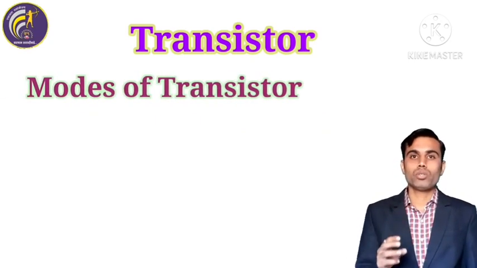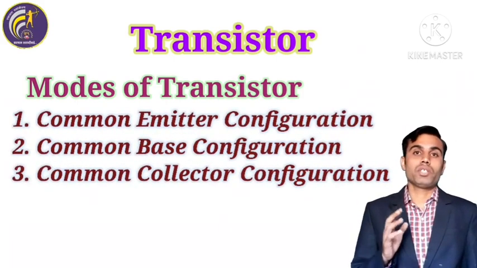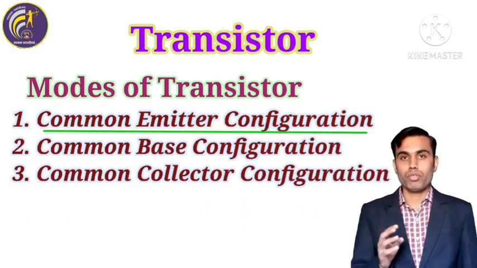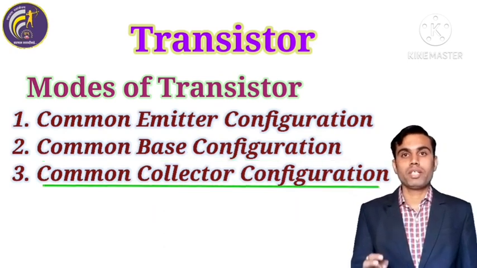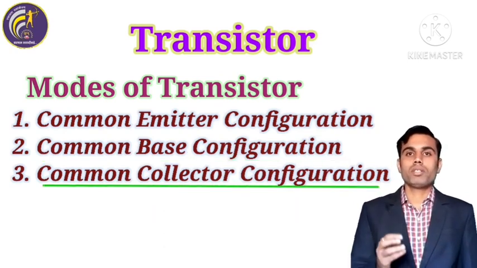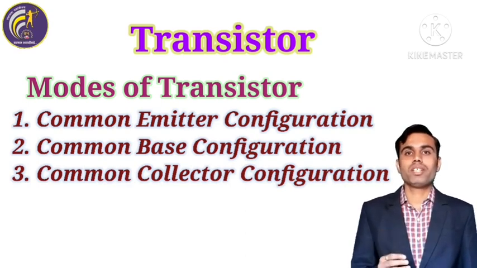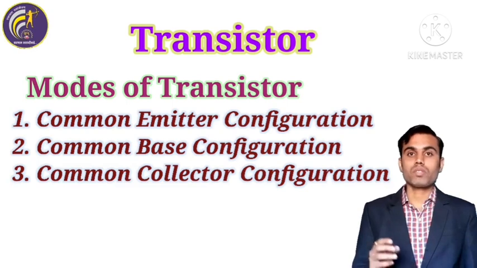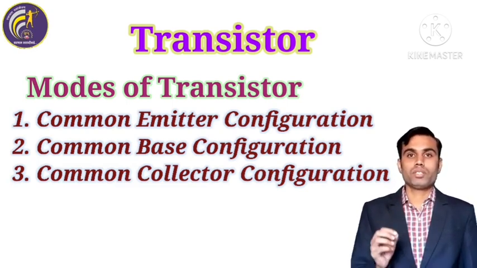According to this, there are 3 different modes in transistors. First is common emitter configuration mode, second is common base configuration mode, and the third is common collector configuration mode.